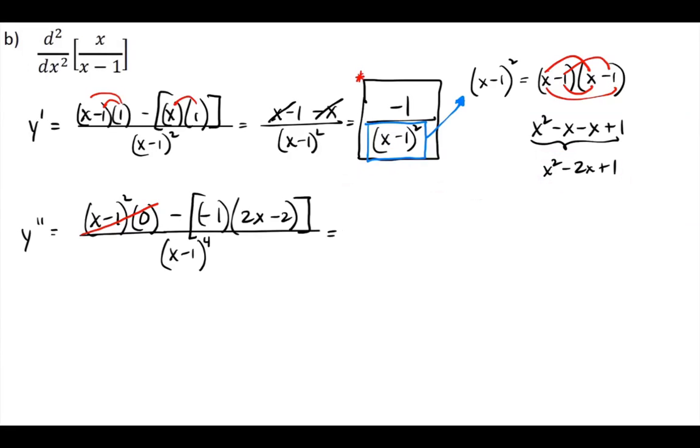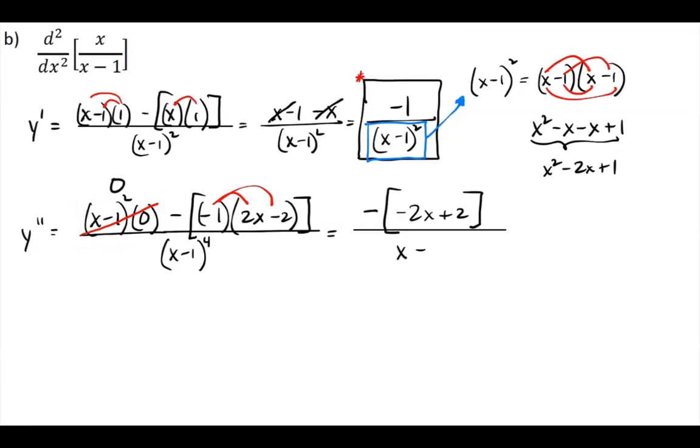Okay. Simplify within the brackets first. So I'm going to do the distributive property here. Be careful with your negatives. The first term here is gone. I'm not worried about it. It's 0. This whole thing is just 0. So it's negative, and within the brackets I have negative 2x plus 2.